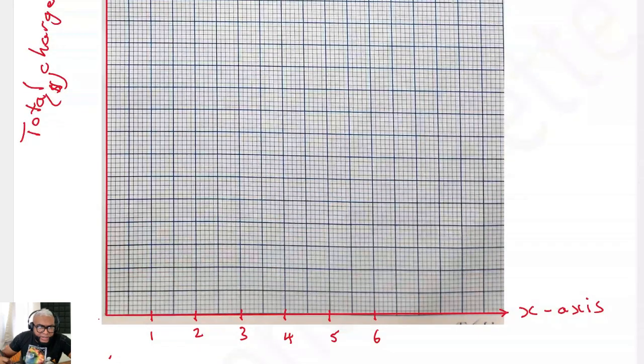The y-axis is 2 centimeters to $50. So we counted 50, 100. What's the highest amount of dollars? 315.